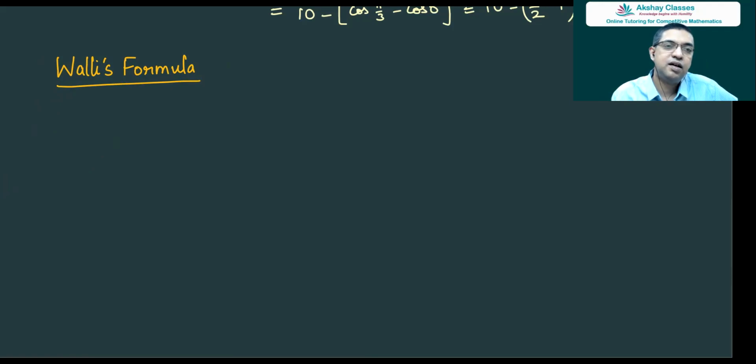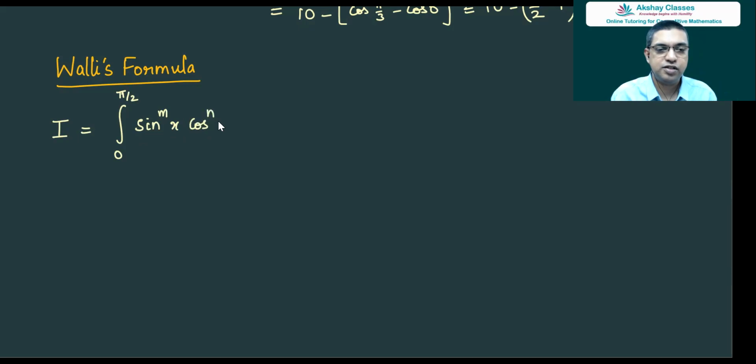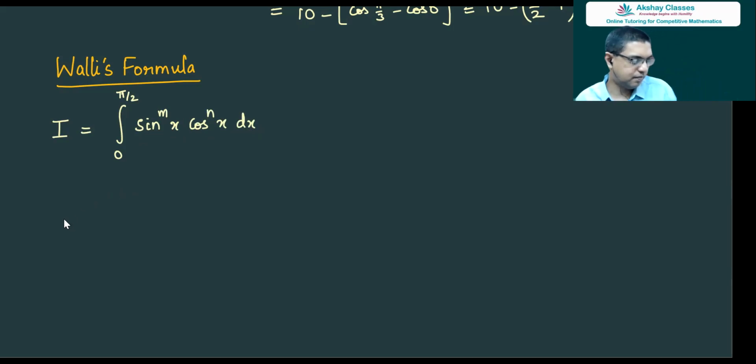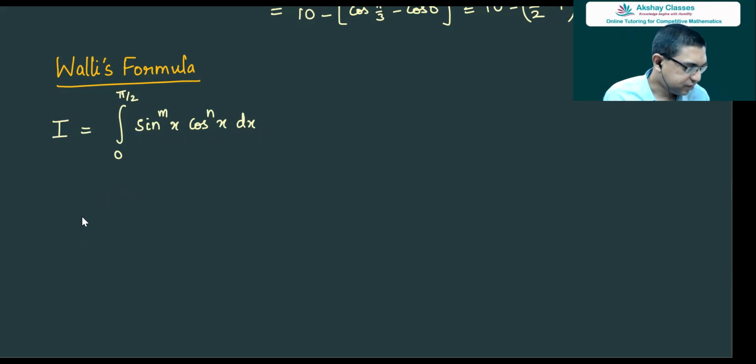Wallis's formula states that if I is the integral from 0 to pi by 2 of sine x raised to the power m and cos x raised to the power n. Okay. Now this is of course valid for m and n being integers. If they're not integers, this will not be valid at all.